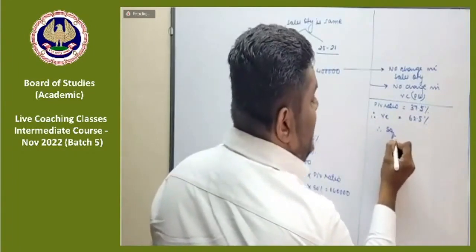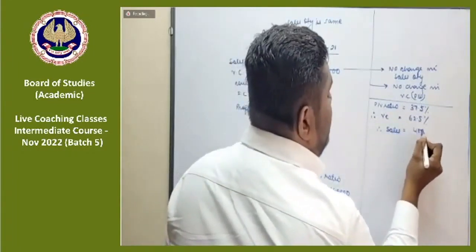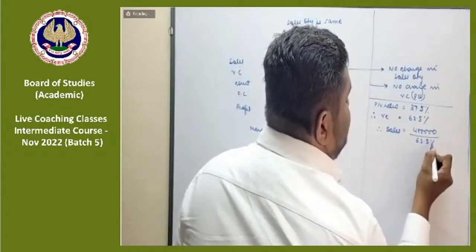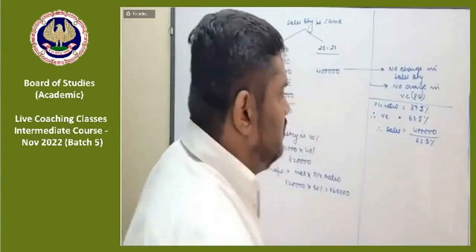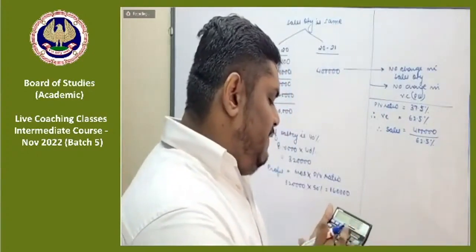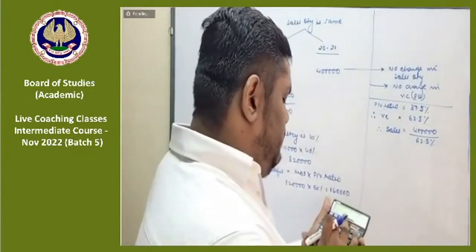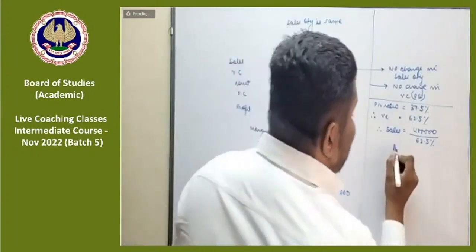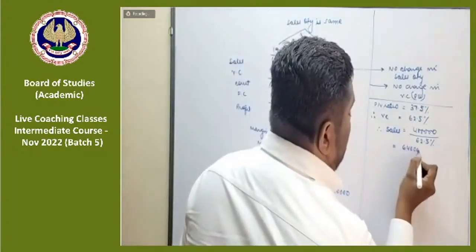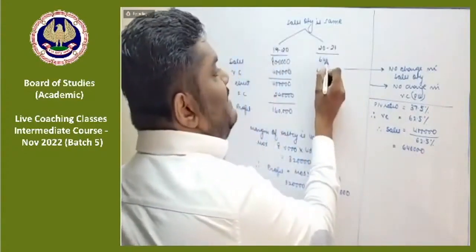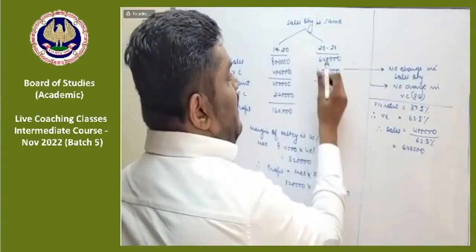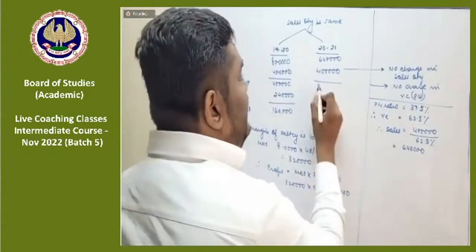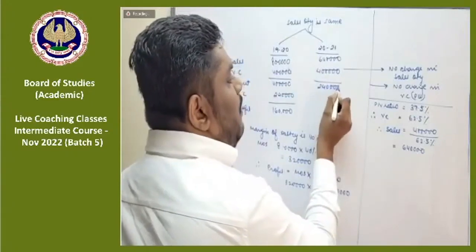Therefore, sales will be how much? 4 lakh divided by 62.5%. This will be 6,40,000. So my sales will be 6,40,000. My contribution will be 37.5%, and this will be 2,40,000.